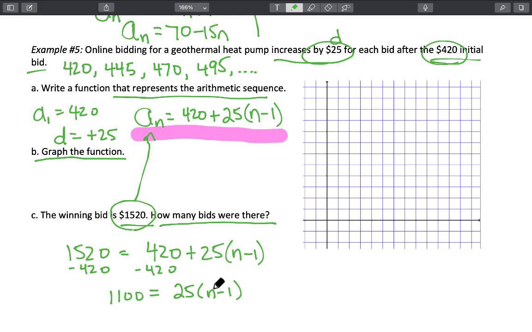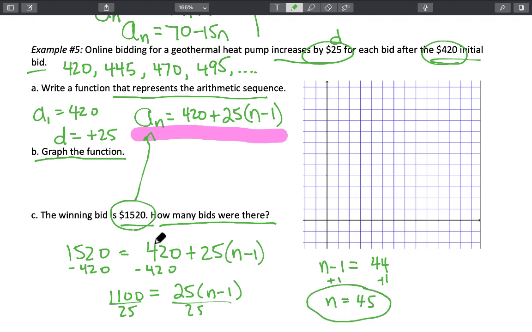Next up, we need to divide 25 off of here, and we end up with n minus 1 is equal to 44. Next, we're going to add the 1 over. We get n is equal to 45. So the winning bid, 1,520, was the 45th bid, the 45th position number in this sequence.